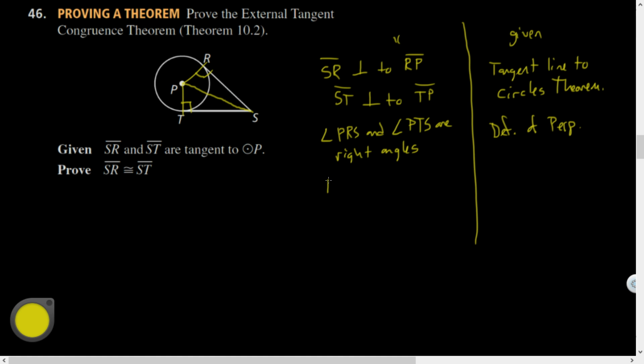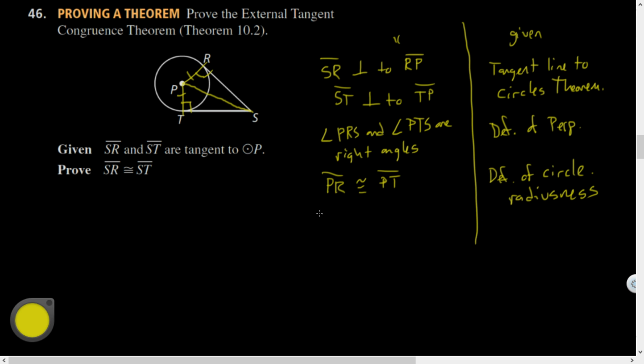I'm going to say that PR is congruent to PT. Why is that true? I think it's the definition of circle. It's like the radiusness of both of them on the same circle.